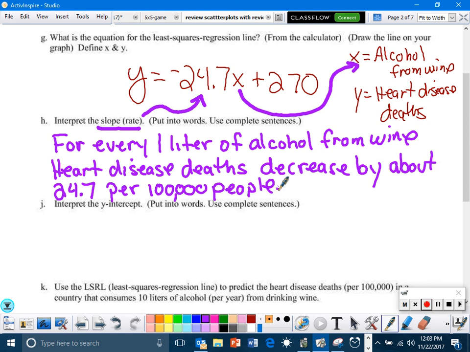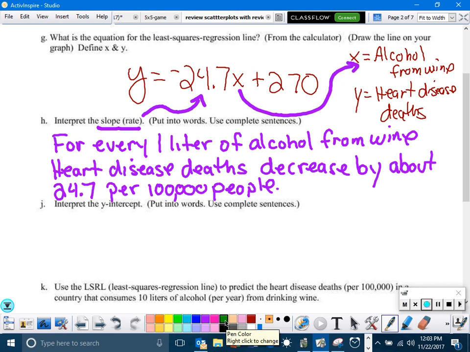So for every 100,000 people, there are 24.7 fewer deaths. Again, for every liter of alcohol from wine, heart disease deaths decreased by about 24.7 per 100,000 people.